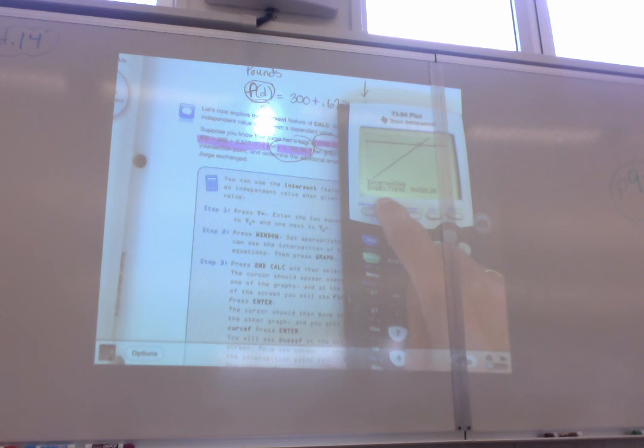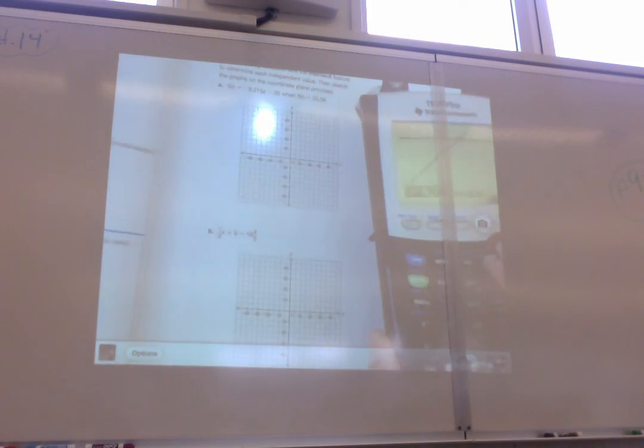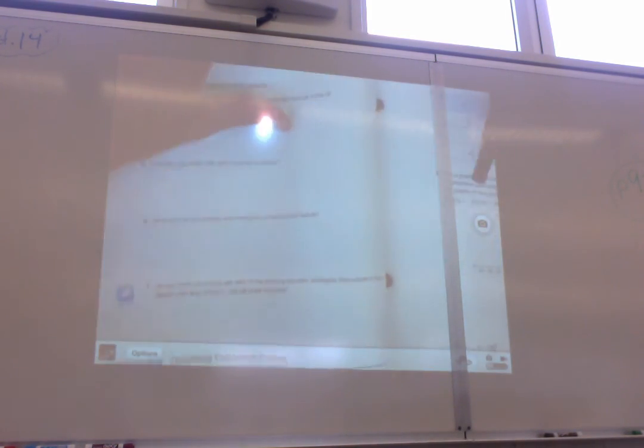Take a look at the X. What does it say for the X? 683.73. That's the dollars. So that's the money George brought as spending money to add to his 300 pounds he started with. Flip the page. Let's see what they want us to do with that.